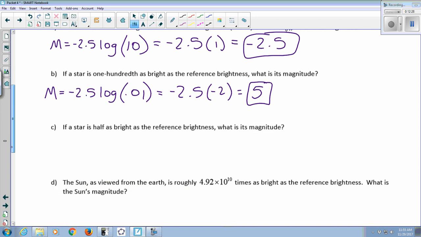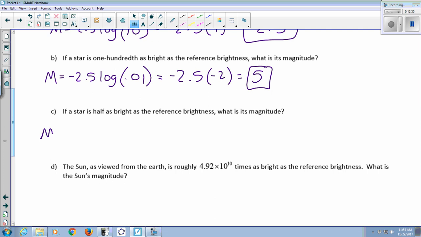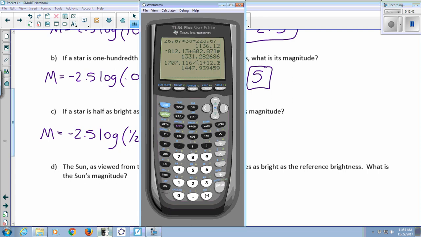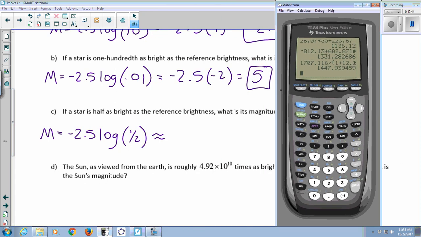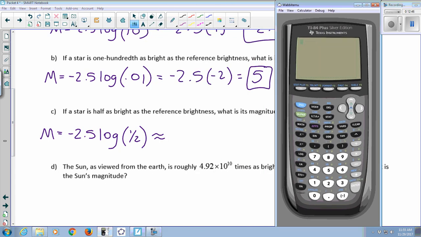If a star is half as bright as its reference brightness, M is going to be negative 2.5 times the log of a half. That I'm going to need a calculator for, because a half isn't an obvious power of 10. Negative 2.5 times the log of 0.5, and I get 0.75.